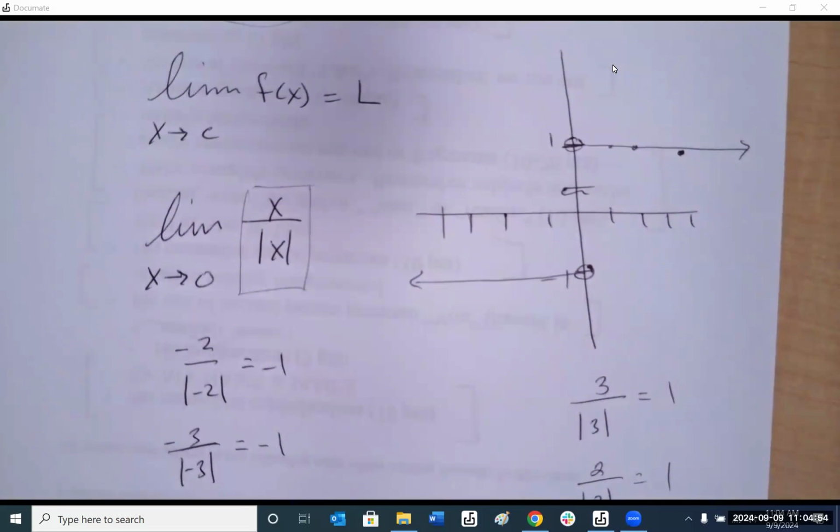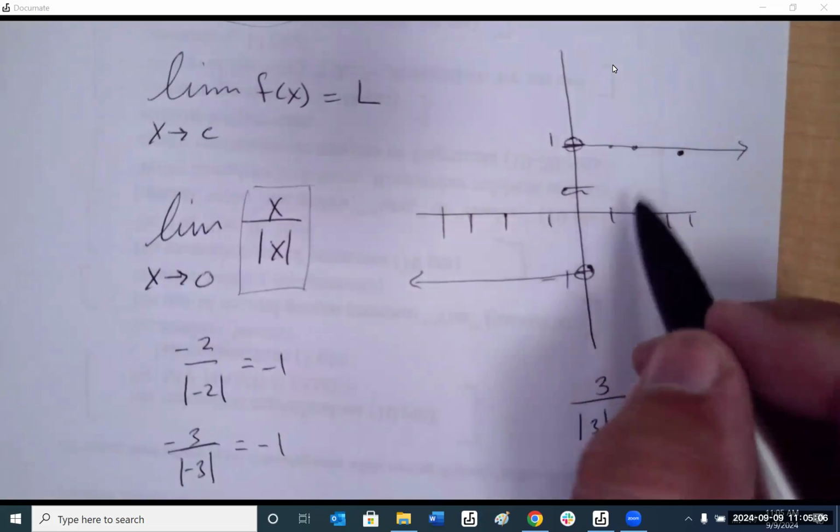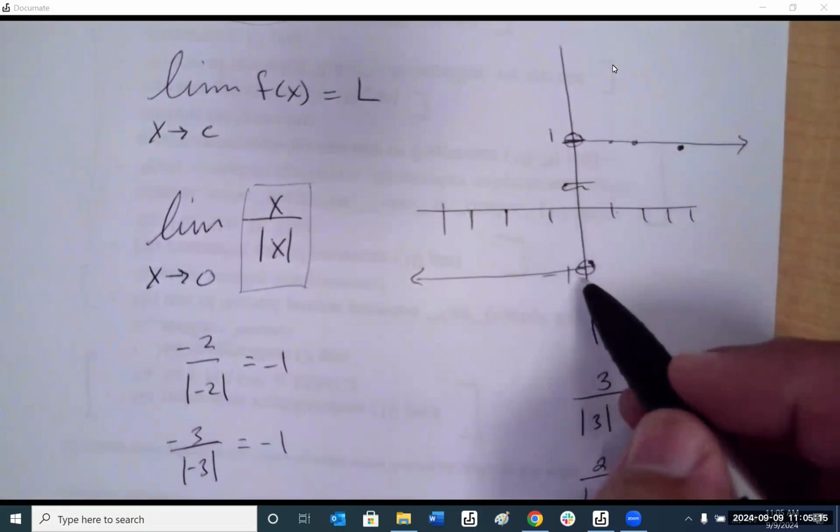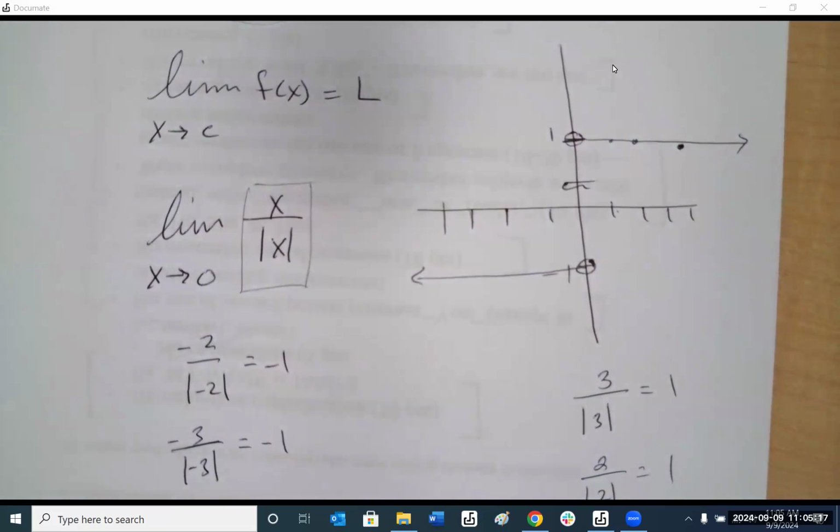So that's the graph of the function. It kind of looks like the stepwise function, the greatest integer function, except that at the integers, it doesn't jump up. So is it continuous? No. We say it's a jump discontinuity.